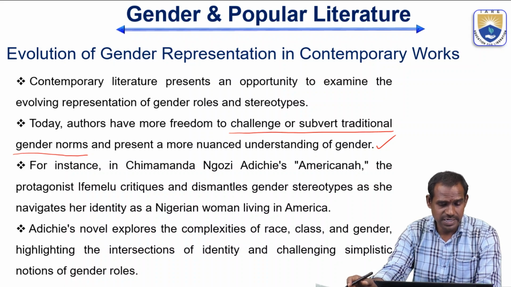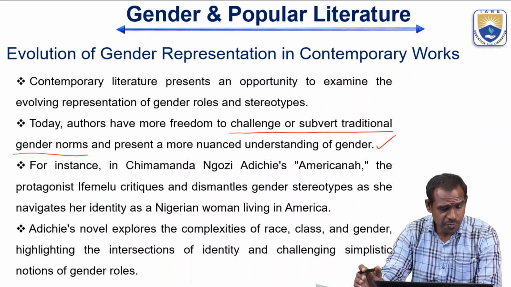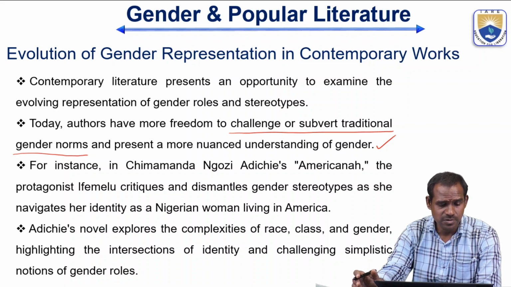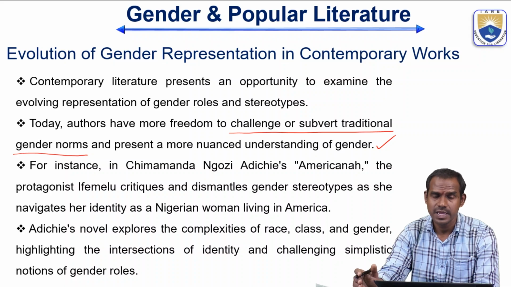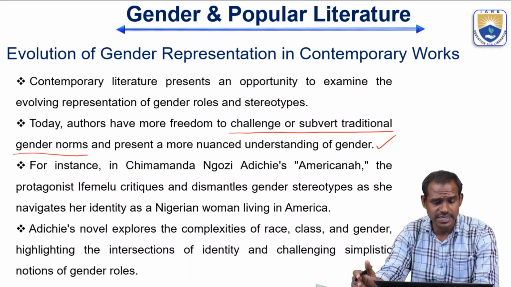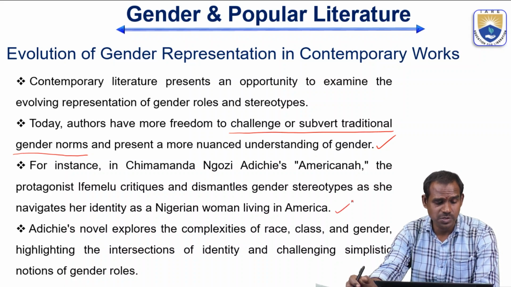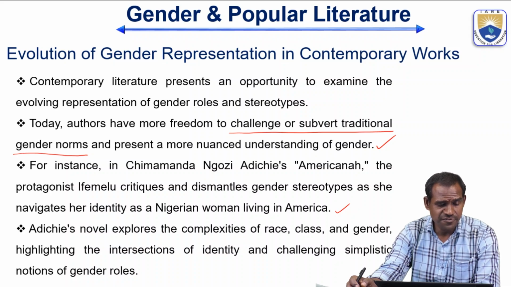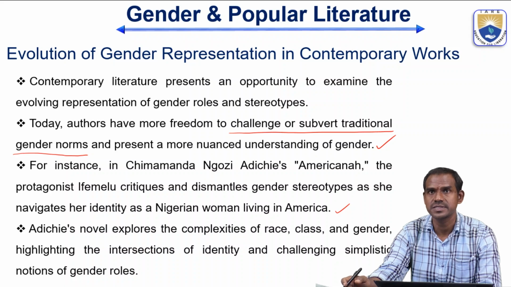Okay. For instance, in Chimamanda Ngozi Adichie's Americanah, the protagonist Ifemelu critiques and dismantles gender stereotypes as she navigates her identity as a Nigerian woman living in America. Okay, what did she do? The protagonist Ifemelu critiques and dismantles gender stereotypes.